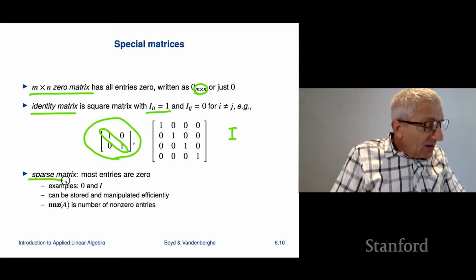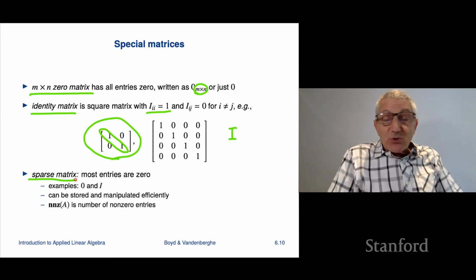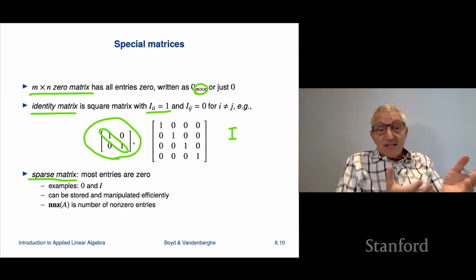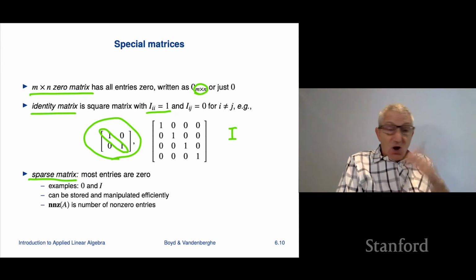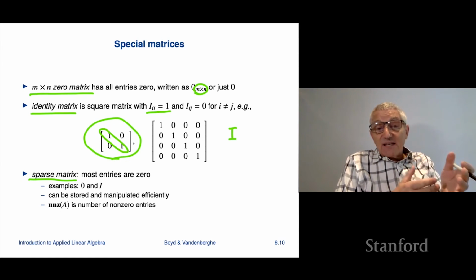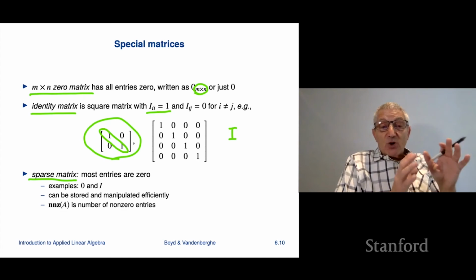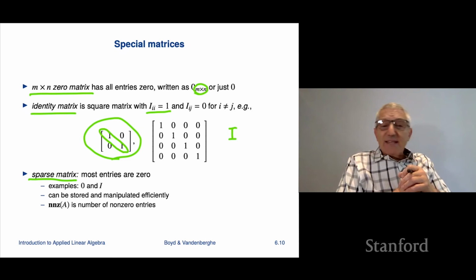Now, like vectors, we have a concept of a sparse matrix, and a sparse matrix is one where a lot of entries are 0. We've already seen two. Here's the sparsest matrix there could possibly be, the 0 matrix, because all entries are 0. The identity is sparse because, out of n squared total entries, only the n diagonal entries are non-zero. And the idea is like vectors.